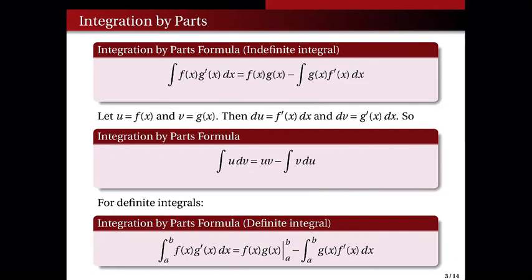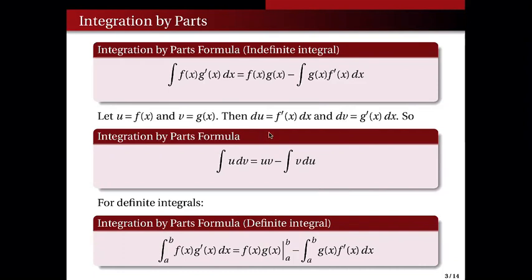In choosing that, you have to think that when you choose your dv, it should be easily integrable for you, because your dv is equal to g prime of x dx.